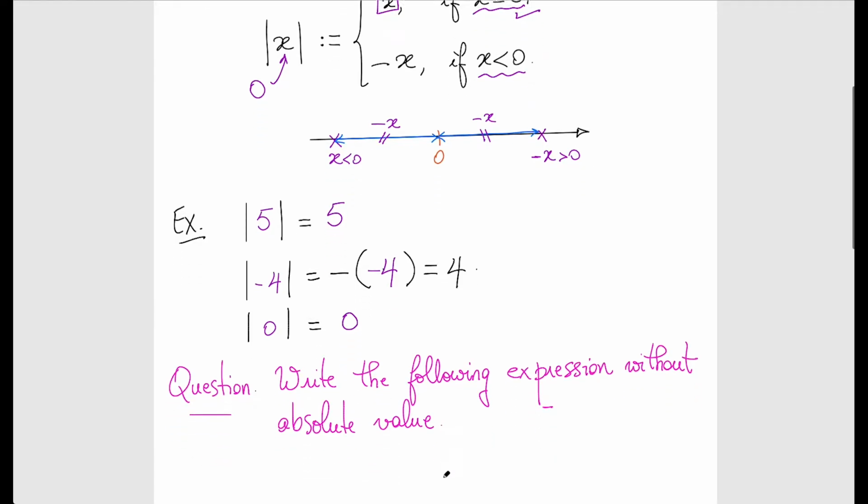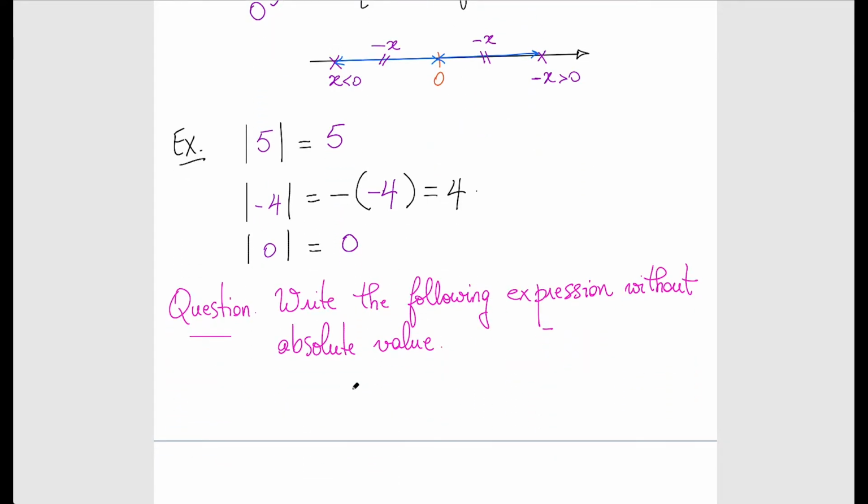And the expression is absolute value of 3 minus pi. Okay, so the question is find this value without the absolute value. So we want to rewrite this expression without the absolute value. So the question is, what is it? Okay, all right, so I'm going to keep it here. Very good. So now let's keep going.